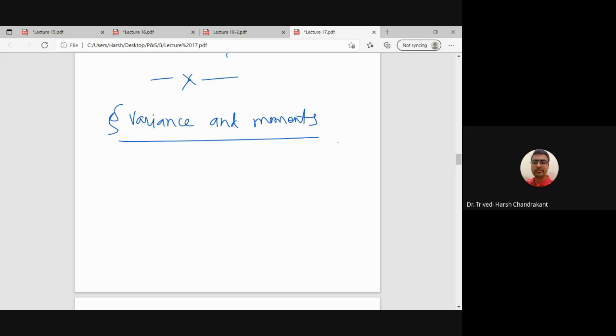So for a given random variable X, we can find its powers. The expectation of the powers is known as the moments. The nth moment of X is defined as the expectation of X power n.